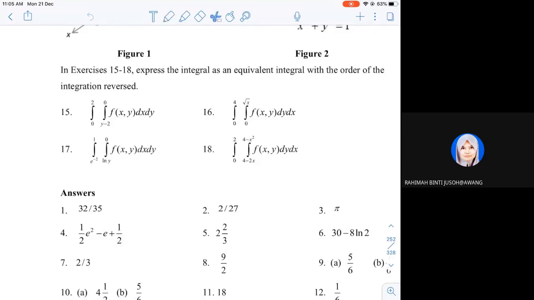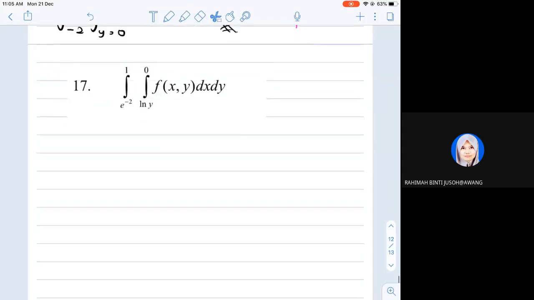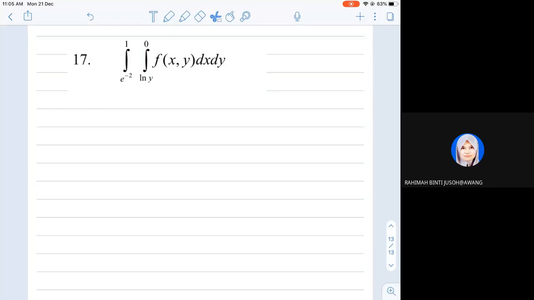Okay, let's do question number 17. We have, right, this is quite interesting. So in order to reverse the order, dx dy, you need to find dy dx.